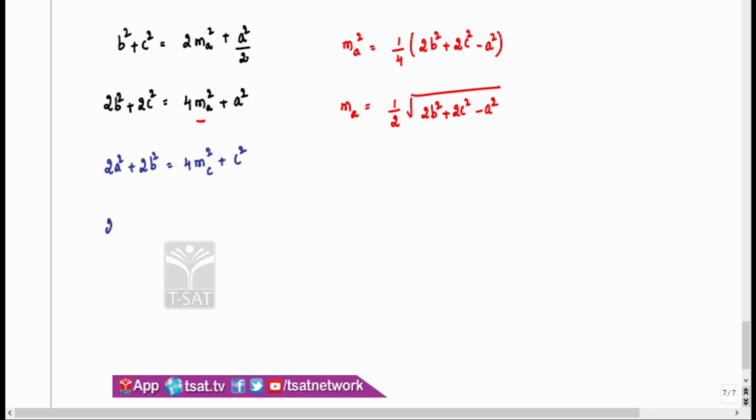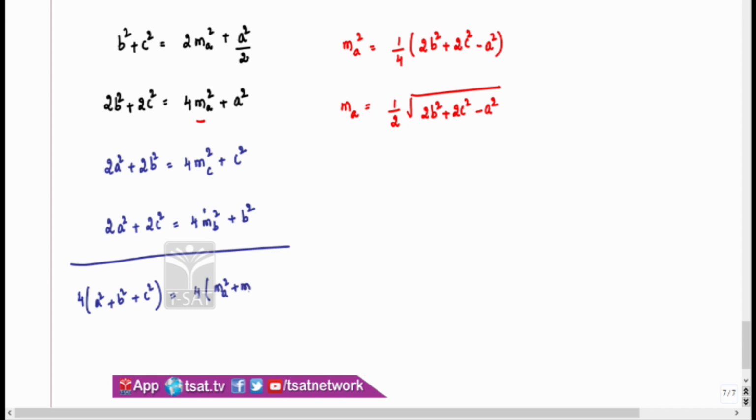I can also write 2a square plus 2c square is equal to 4mb square plus b square. If you add all of them, I will get 4 into a square plus b square plus c square is equal to 4 into ma square plus mb square plus mc square plus 1 time of a square plus b square plus c square.